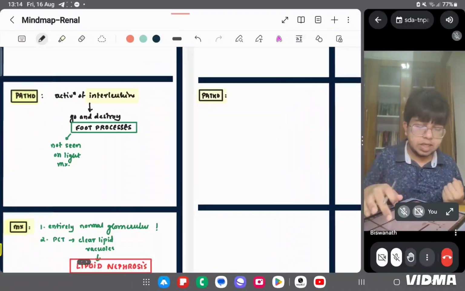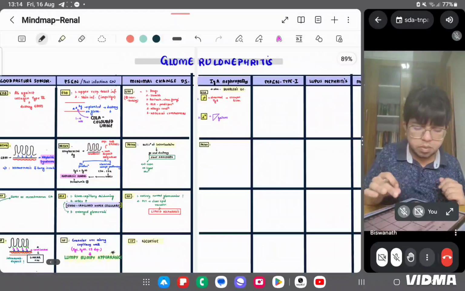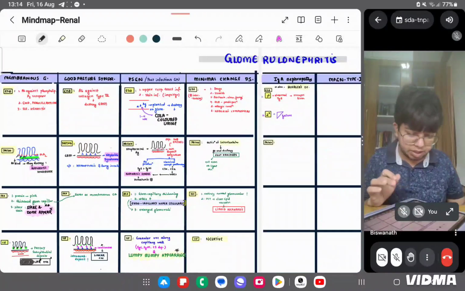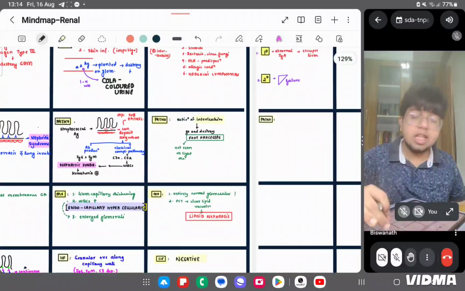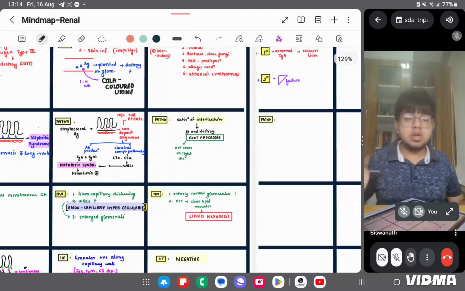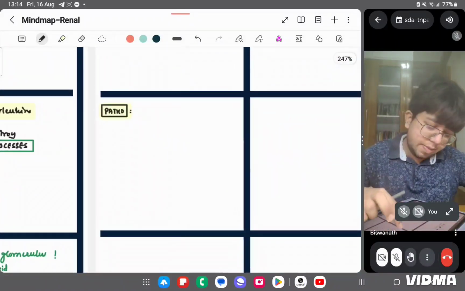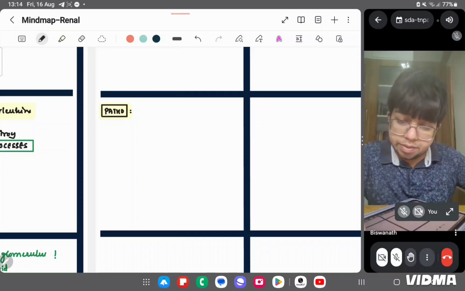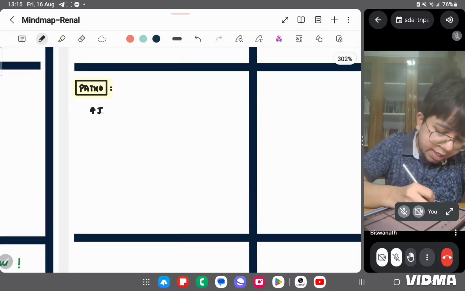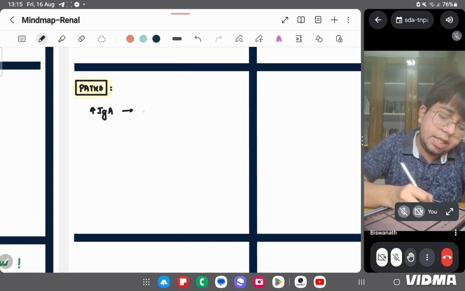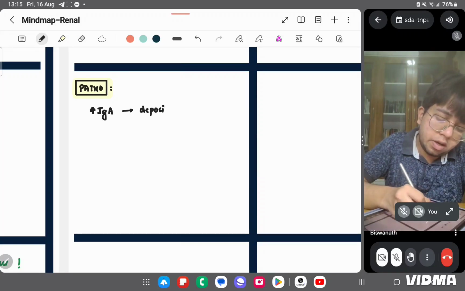We saw nephritic syndrome in PSGN and Goodpasture syndrome, and here also there will be nephritic syndrome. Understood? So let's discuss the pathogenesis here. In pathogenesis, there is increased IgA, and this IgA is deposited in the mesangium.